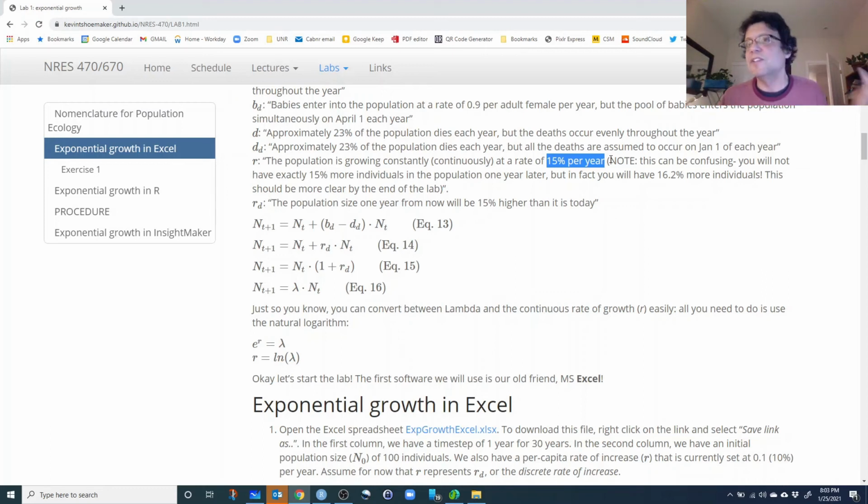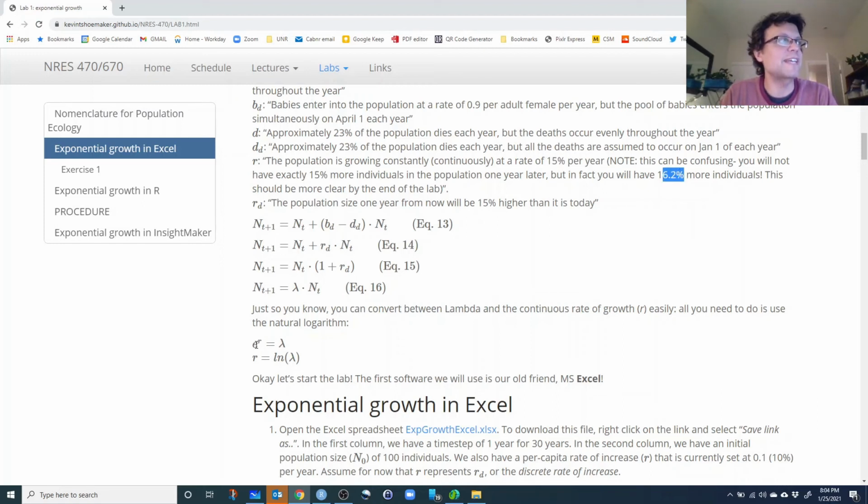You'd expect that the population should grow exactly 15% over a 1 year period. But since the population is growing continuously, the actual growth rate is going to be a little bit higher than 15%. In fact, it's going to be 16.2%, which is computed using this equation down here.